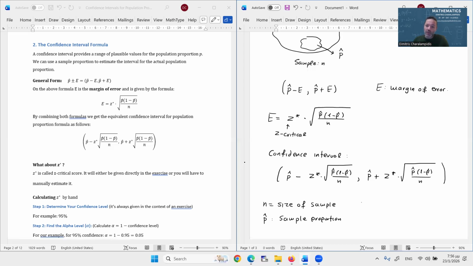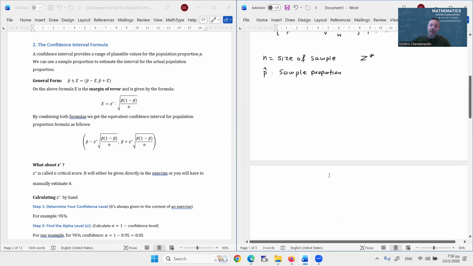We need to see how we can actually calculate this z critical score. You have to know that it might be directly given in the context of the exercise, so we might be explicitly told that the z critical that we need to follow would be 1 point whatever, or we might have to do it by hand. Right now, I'm going to show you how this is done.